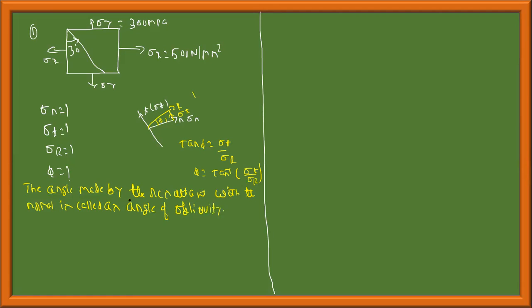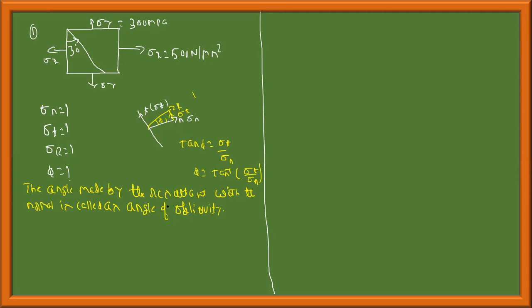It is given by tan inverse sigma t by, sorry, I made a mistake, sigma t by sigma n. Opposite by adjacent. This is called the angle of obliquity.